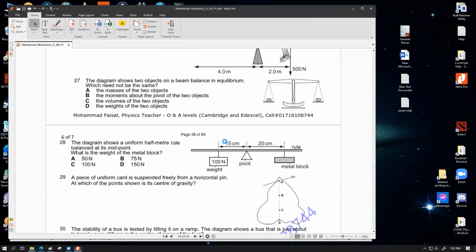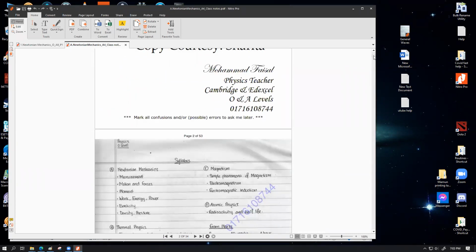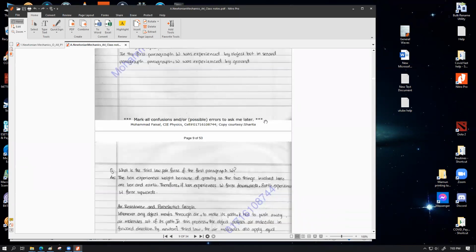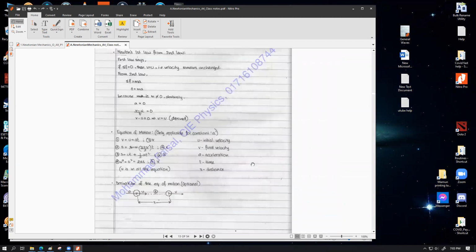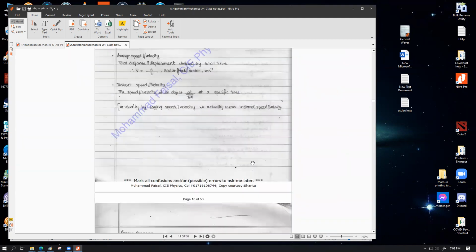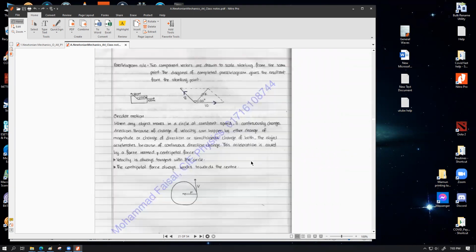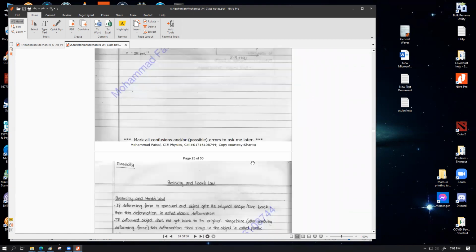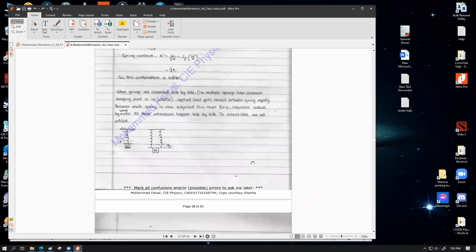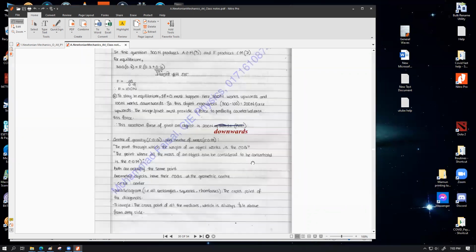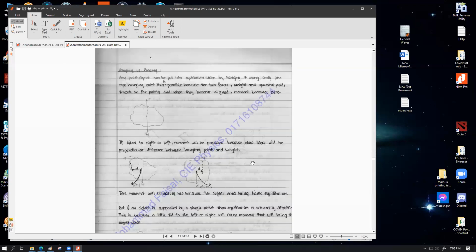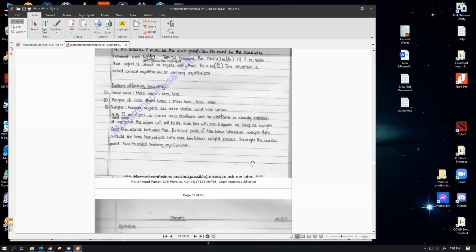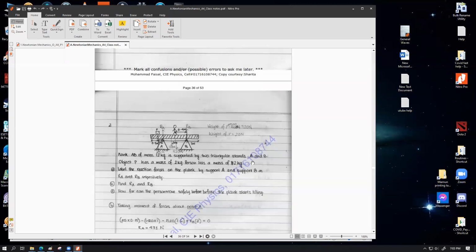I did not show you the solution for, where is that? Elasticity, moment, center of gravity, COG lamina, stability, balances.